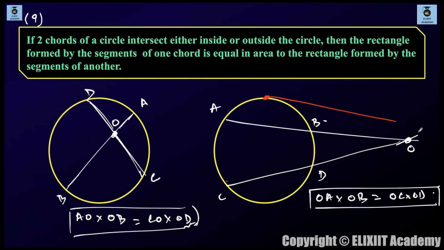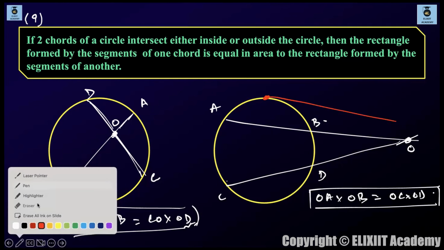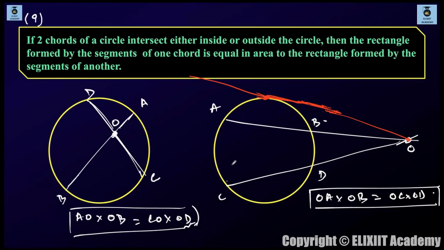Let me draw this clearly. Let's say this point is T. It's a tangent, not a chord. A tangent will touch the circle from outside at a point. Do add this with this statement itself.